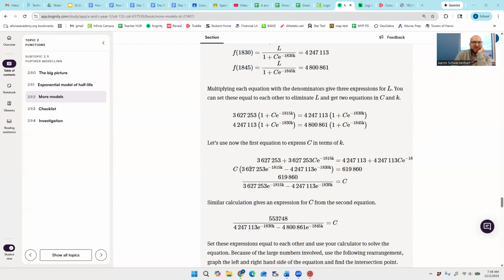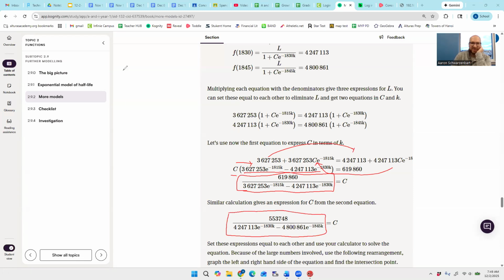So you take this line right here, you move this to this side and this to this side, and then you can factor out a C, and you get C equals this when you divide. Now, if you plug that in, you can do the same thing on the other one.